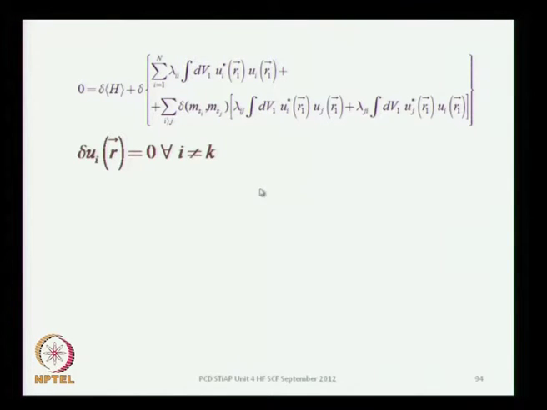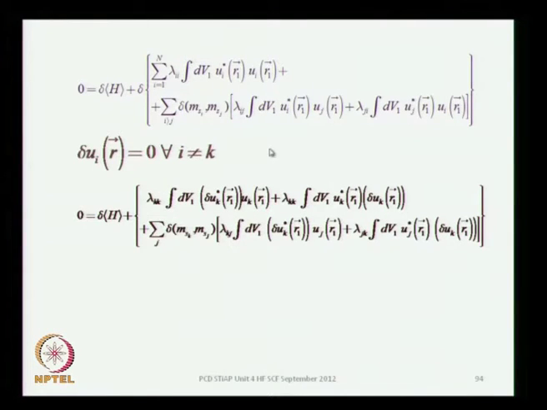We also know that all orbitals other than the kth orbital are not changed. So, this is our constraint. So, here you are varying all of these ith orbitals, but any variation in I not equal to k would vanish. Therefore, the terms which you must include are only those for which I is equal to k.